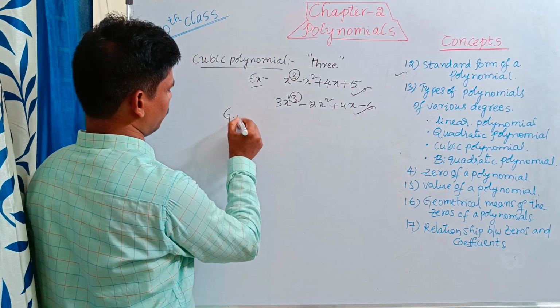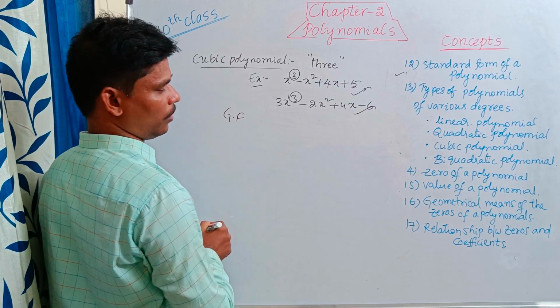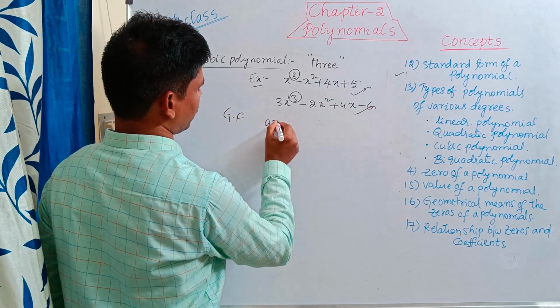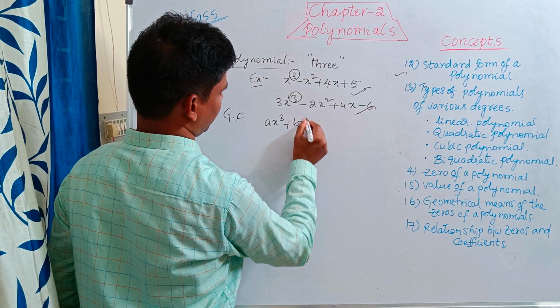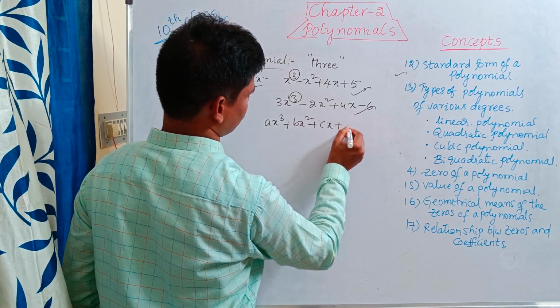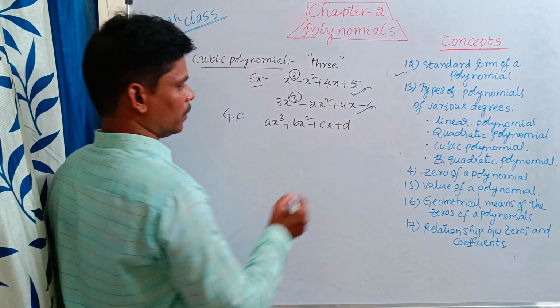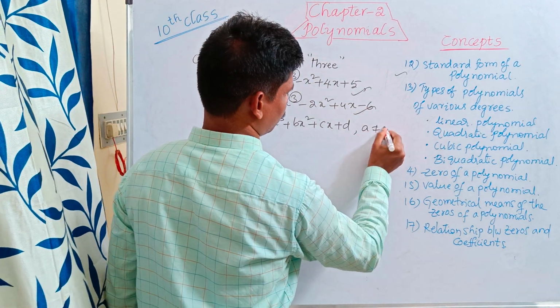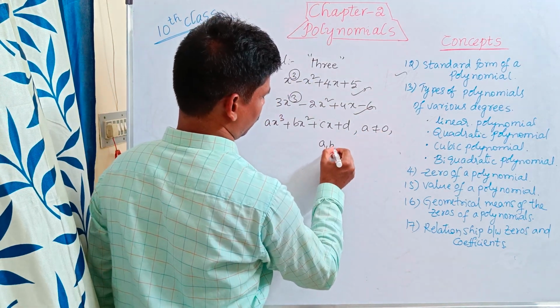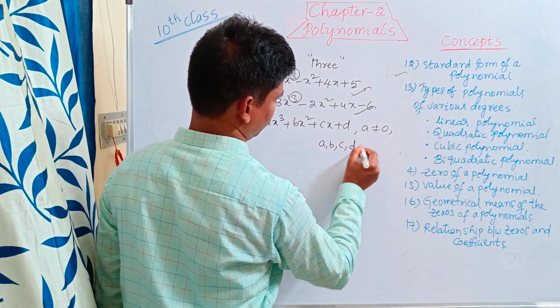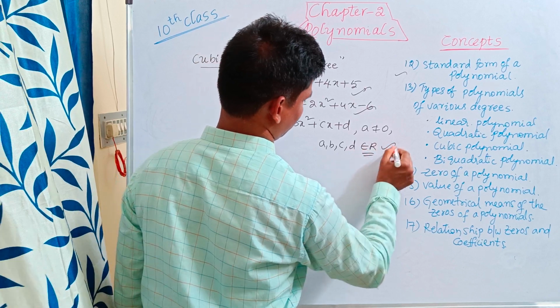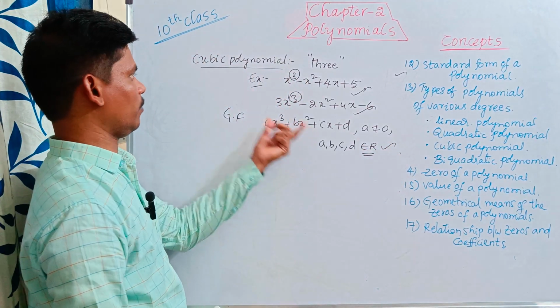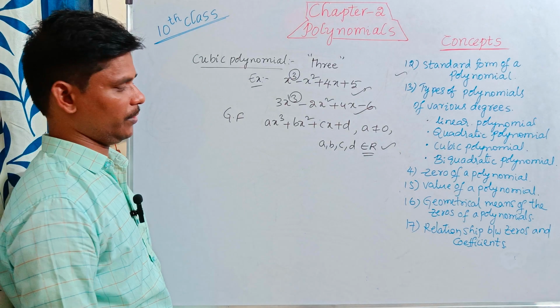So the general form of a cubic polynomial is ax cube plus bx square plus cx plus d. Here a is not equal to 0, and a, b, c, d belong to the real numbers. This is the general form of a cubic polynomial.